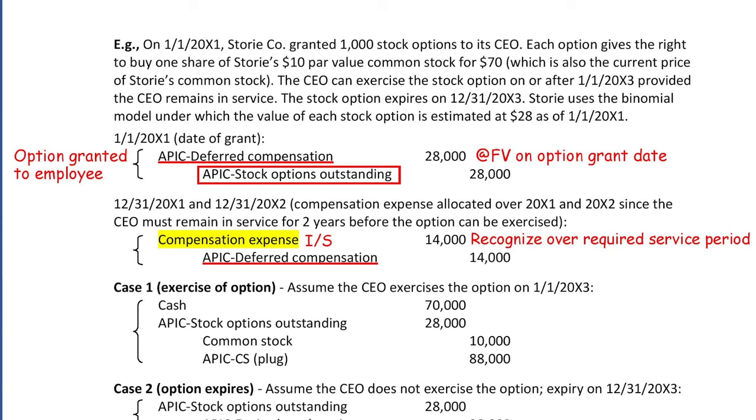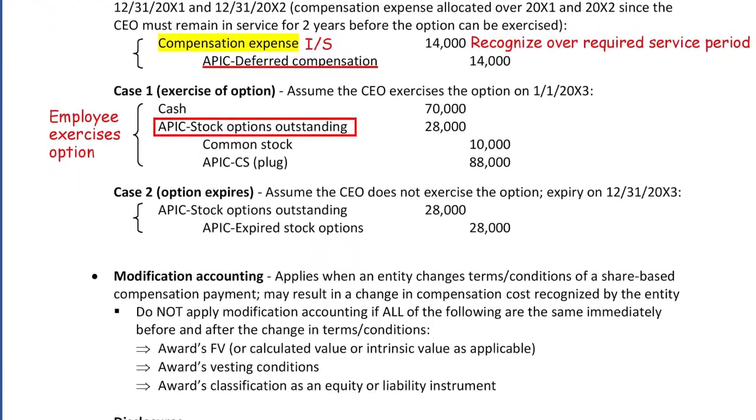On the debit, I want you to put a box around APIC stock options outstanding and write employee exercises option. So when the employee exercises the option, cash comes into the company, APIC stock options outstanding is debited and common stock is issued. The plug is APIC common stock.